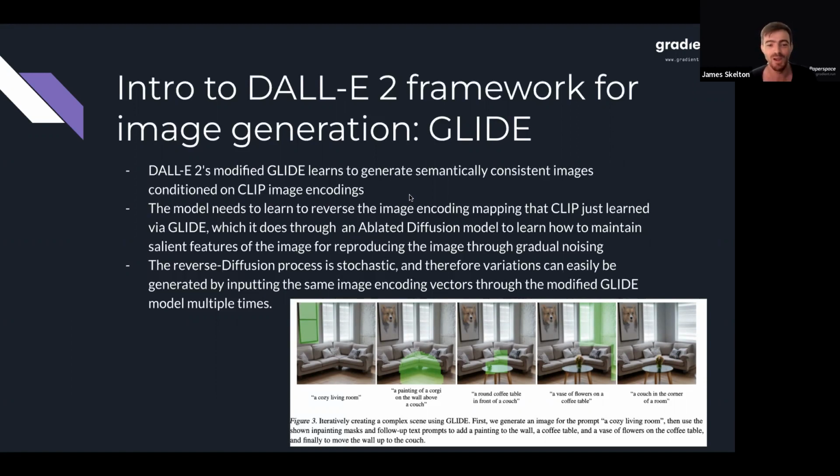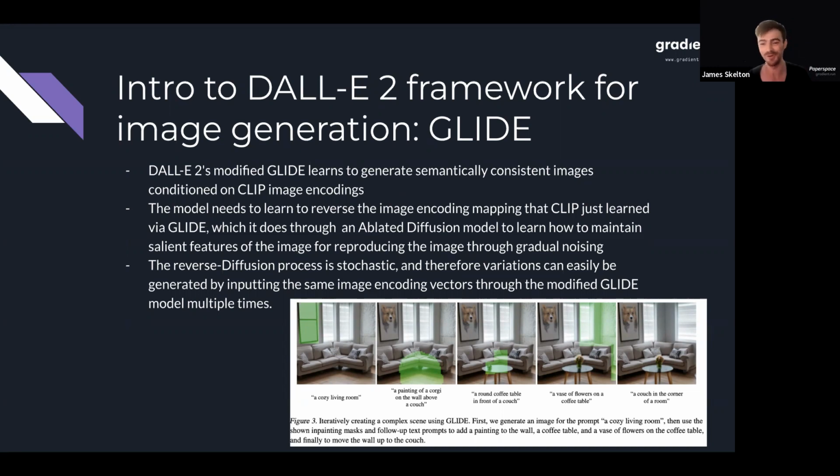The model needs to learn to reverse the image encoding mapping that CLIP just learned via Glide, which it does through what's called an ablated diffusion model, to learn how to maintain the salient features of the image for reproducing the image through gradual noising. So what this means is, we have our sample image.